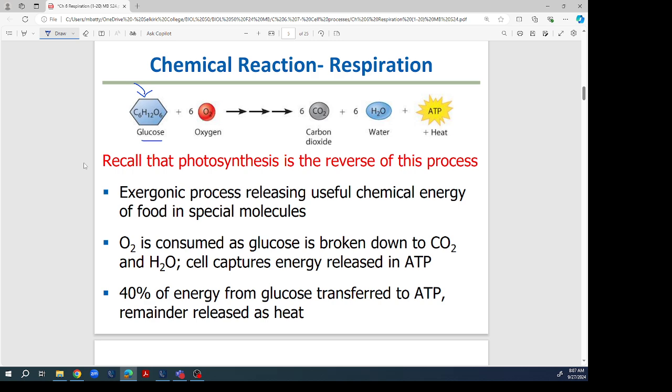Remember, glucose is a monosaccharide, and oxygen, and it makes carbon dioxide, water, and energy. So we're going to focus on how many ATP molecules it makes, but it also makes heat. And you know that. That's why you get hot when you work or when you walk up the Rosemont Hill.